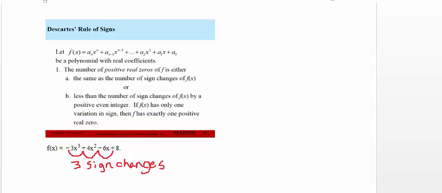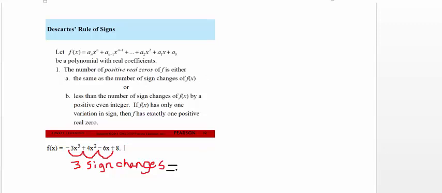So what that says is that if we look at what Descartes's rule of signs says, the number of positive real zeros is either the same as the number of sign changes.